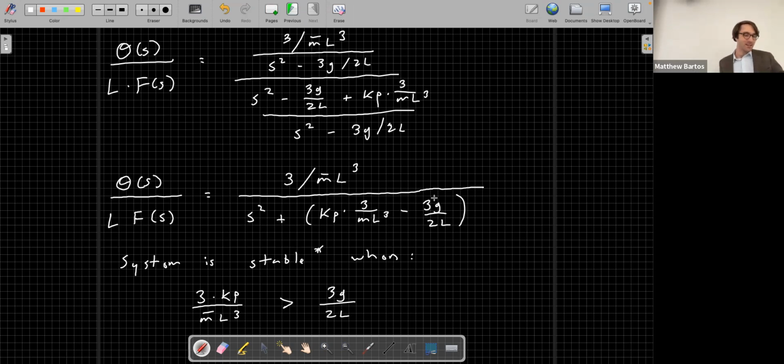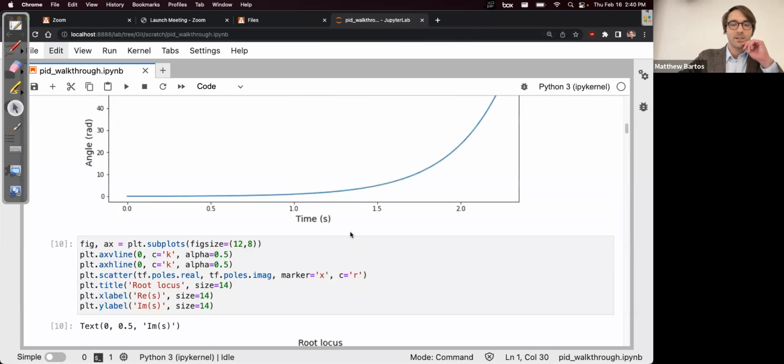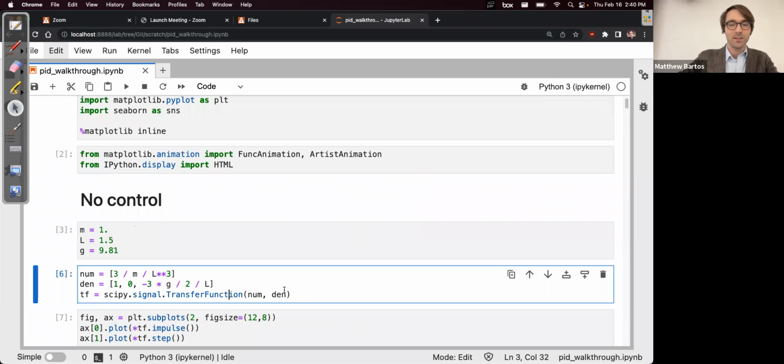So let's go ahead and see what happens when we implement proportional control like this. Let's see what the response is going to look like. Okay, so I'm going to copy this here.